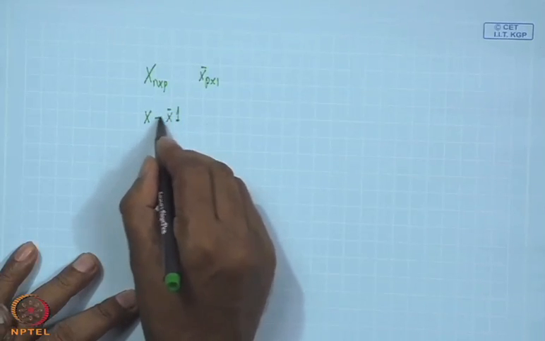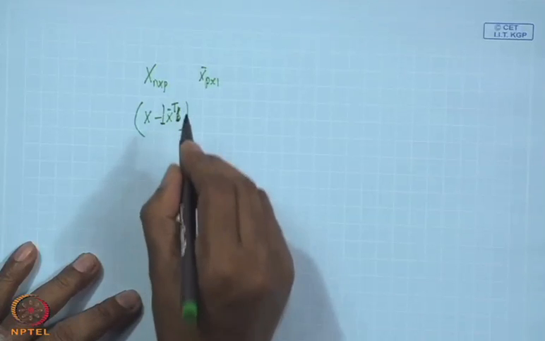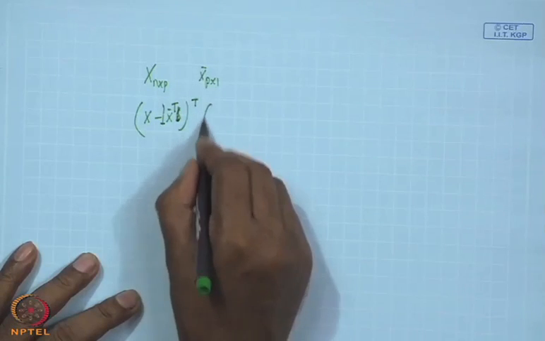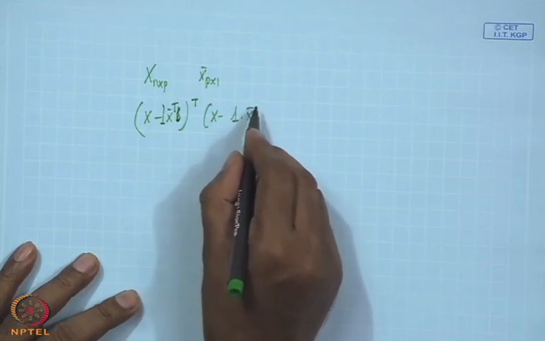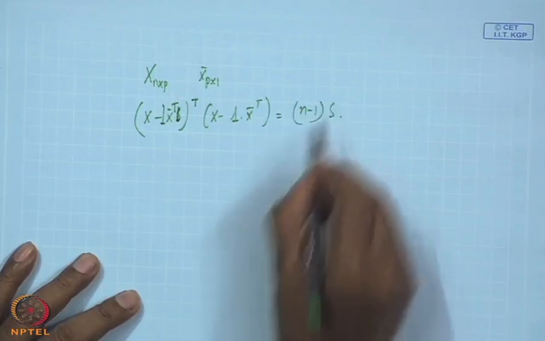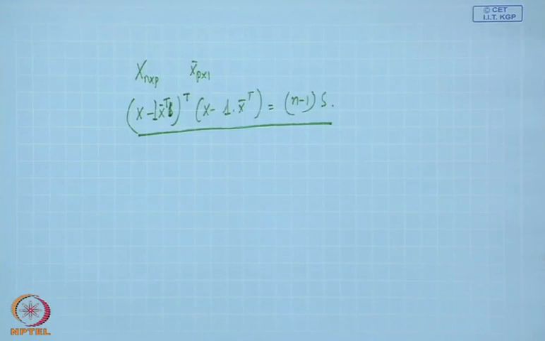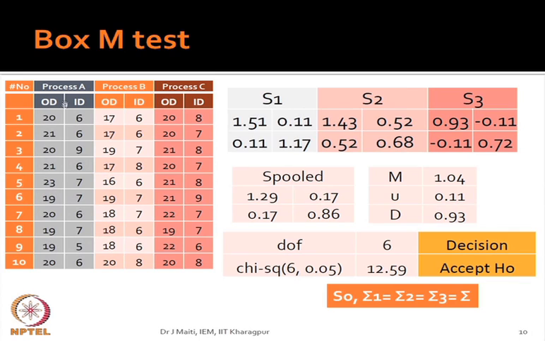Then (X − 1 X bar) transpose times (X − 1 X bar) will be n minus 1 into S. The same formula we have used here, and we found S1 for these two columns, OD column and ID column for process A. This is S1 you are getting.